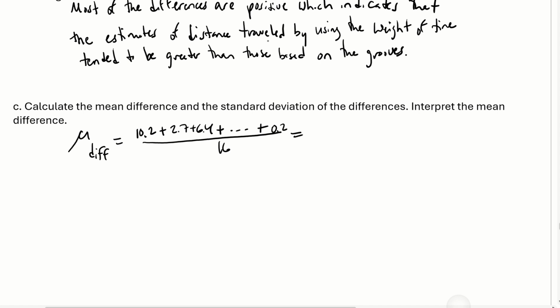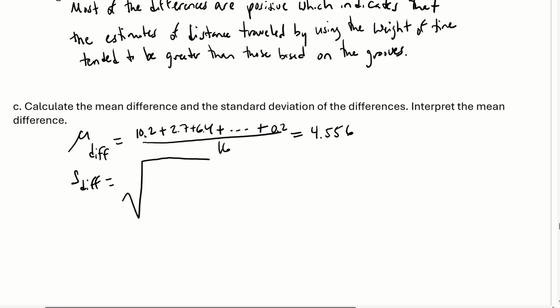So we're going to write the numbers here. We get x bar difference is 4.556, and then we're going to do the s difference. You could do this on a calculator, but I'm going to demonstrate a few calculations.